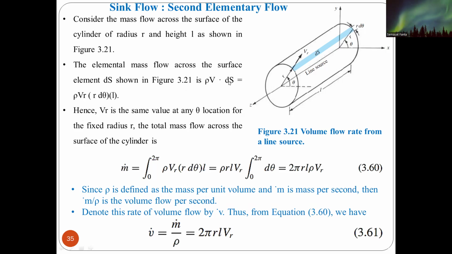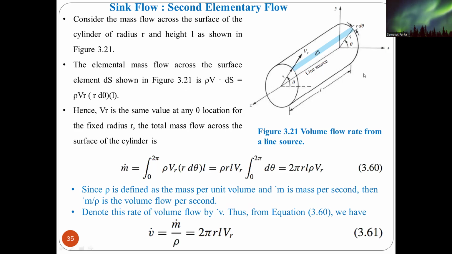And ds is the surface, so it is r d theta times 1, for the unit distance. Here r d theta is the arc length.